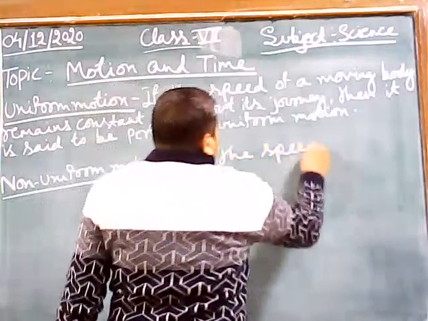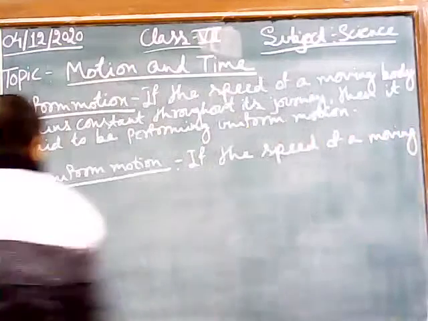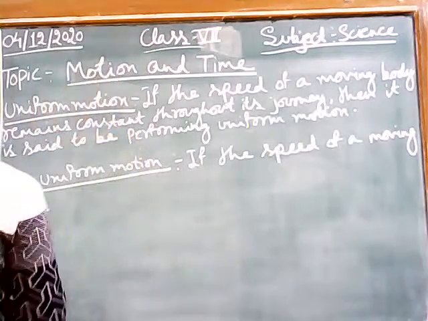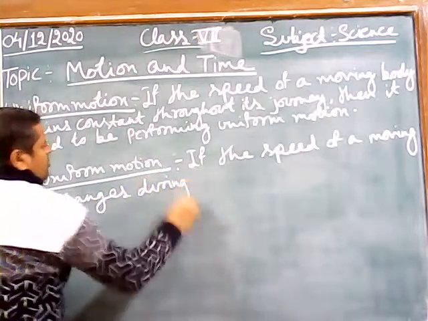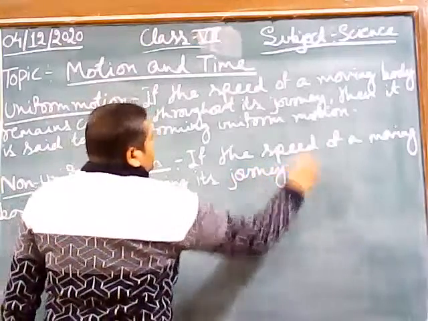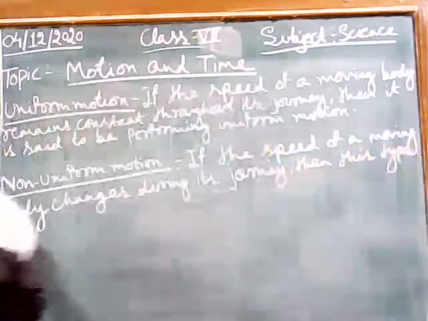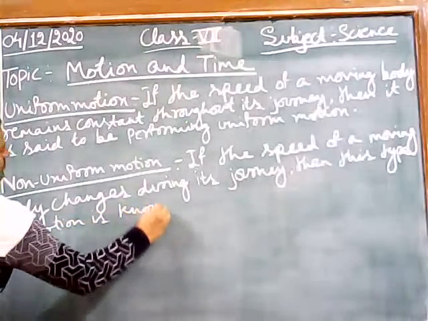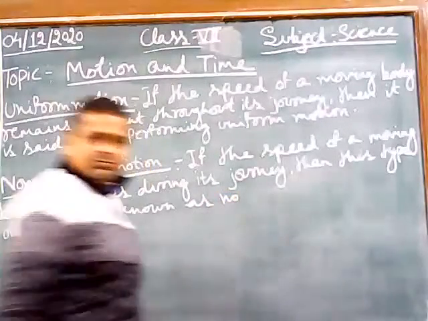If the speed of a moving body changes during its journey, then this type of motion is known as non-uniform motion. Okay, please note down.